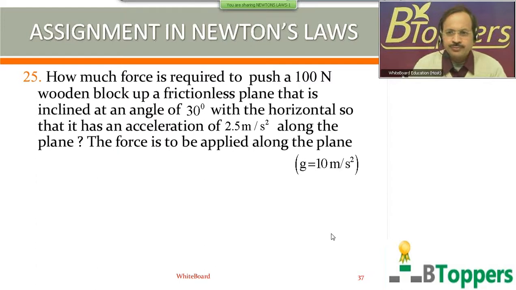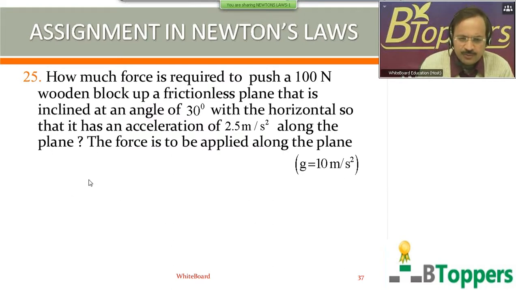So here we'll first consider the forces acting on the block. Can draw a diagram showing all the forces acting on the block.